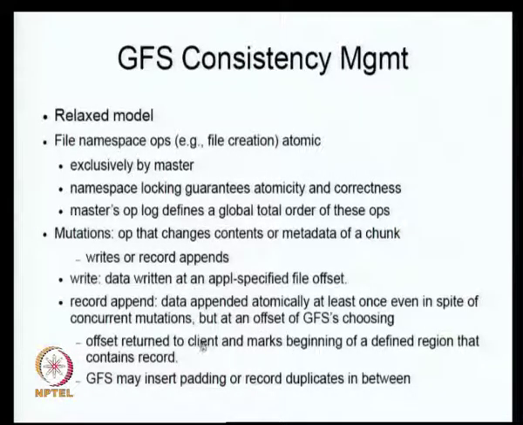What's interesting also is that GFS may insert padding or record duplicates in between. Why does it insert padding? Because it may turn out that the record being written is going to span chunk boundaries.